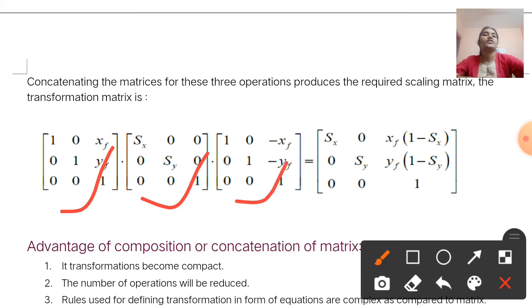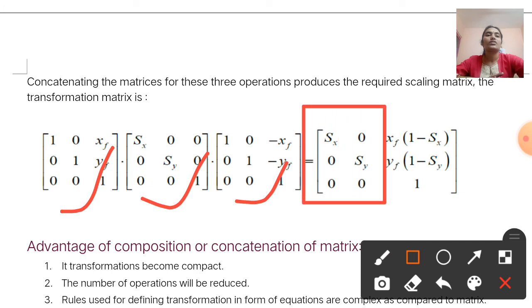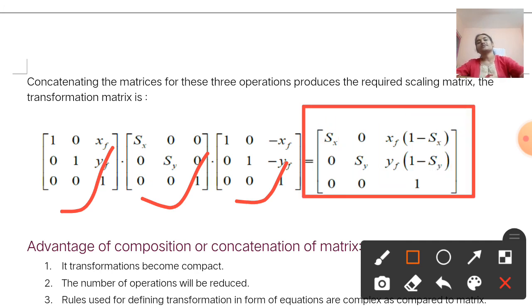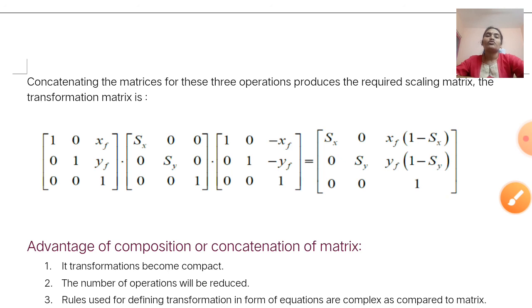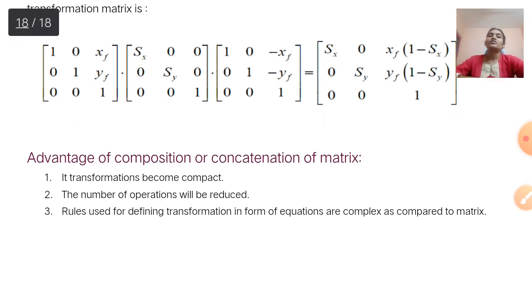After these three matrices are multiplied, the final matrix is obtained here. This one is your final matrix. So this one is pivot rotation and fixed point scaling.